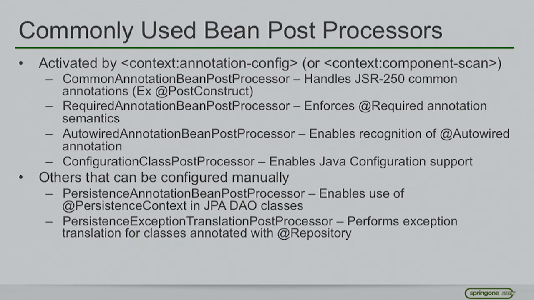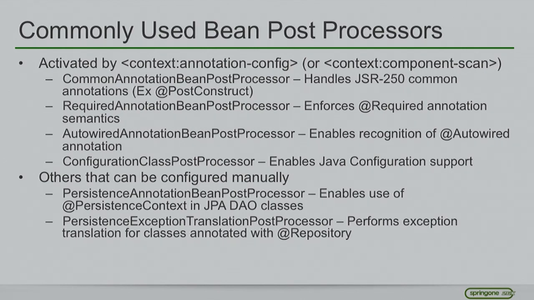Now there's some others that you can configure manually. One that you might end up using more manually is called the persistence exception translation post processor. That's a really long name. Spring likes long names because they're very descriptive. What that essentially means is that I can post-process a bean and intercept exceptions that are related to persistence that are typically checked exceptions. So if you're using JDBC, checked exceptions would be the SQL exceptions, right?